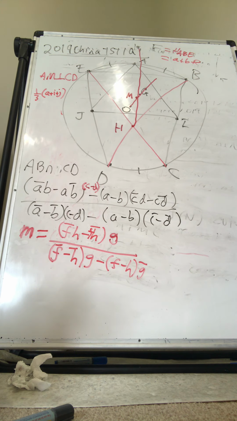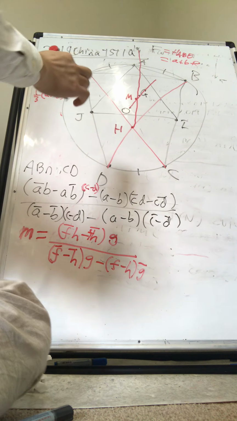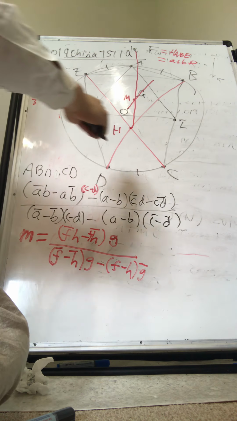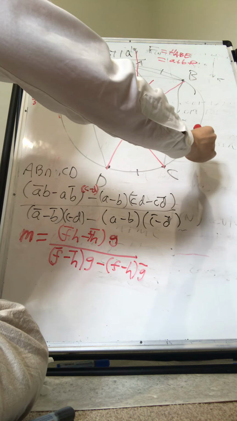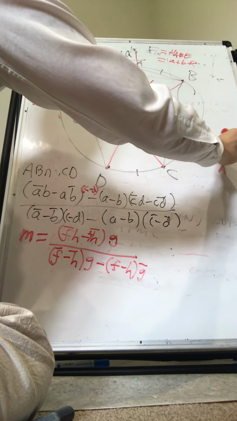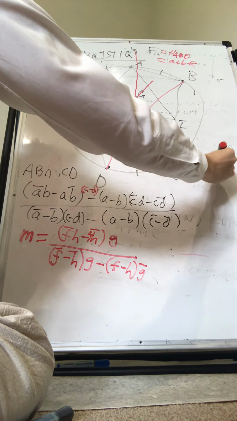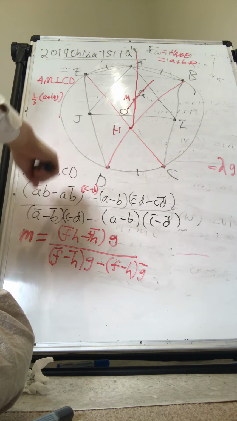But to make it less mysterious, and I think this will explain the other formula as well, think of what I was doing with the lambdas, remember? So you have lambda G, that's what a multiple of G is, equal to, and we're looking at either AB or FH.